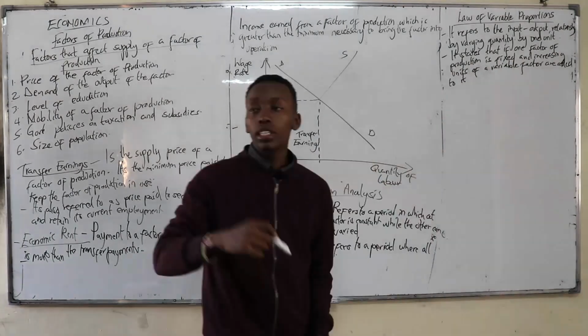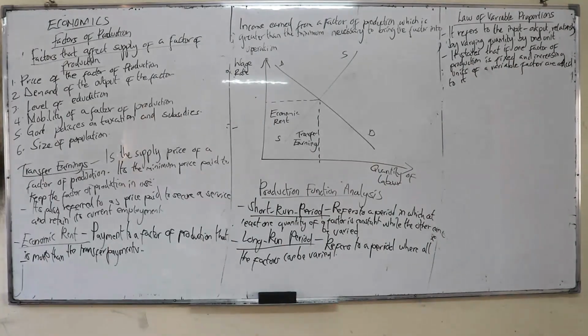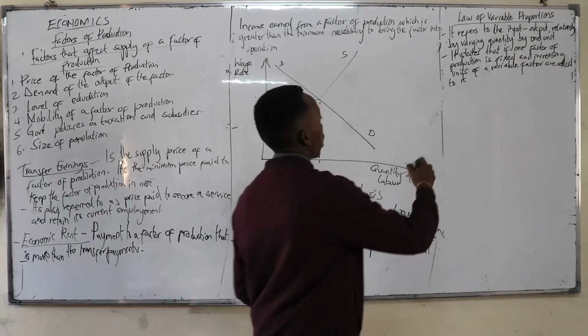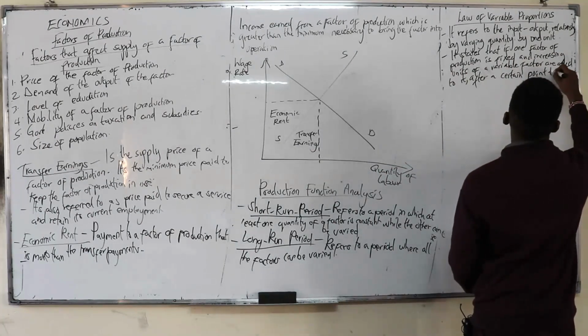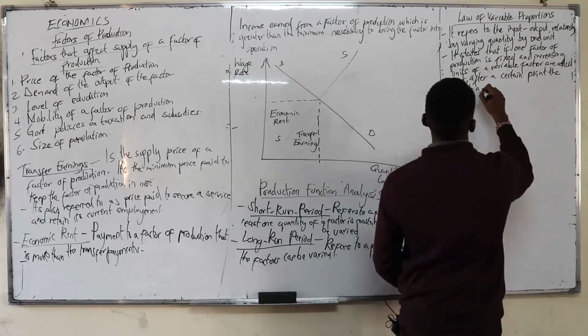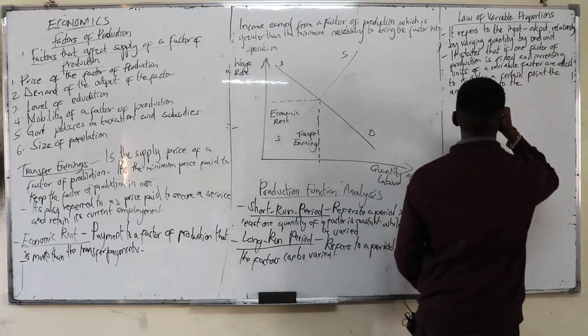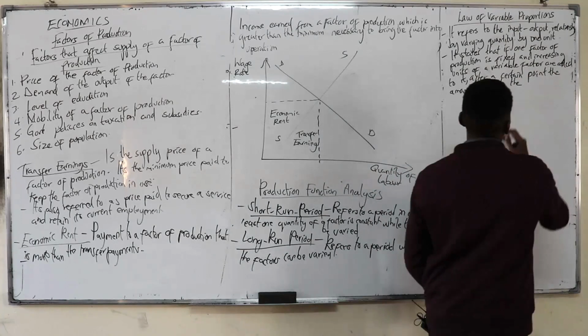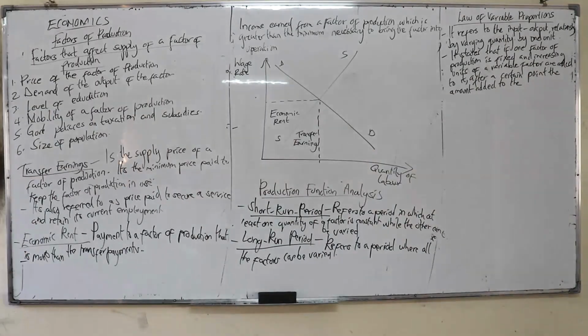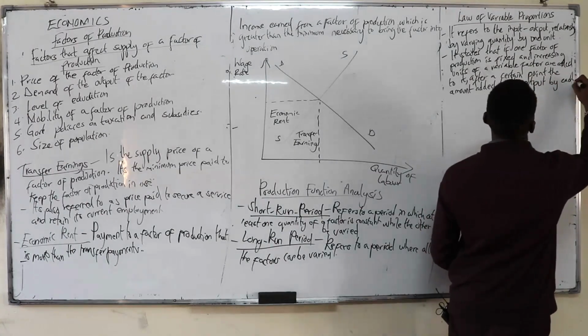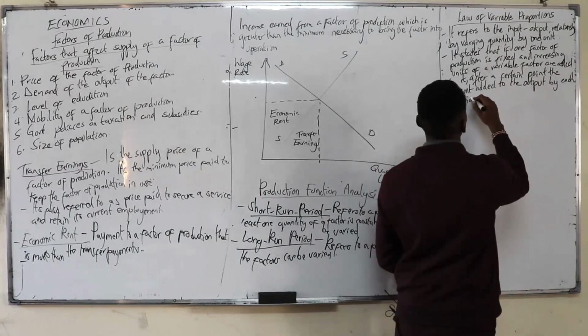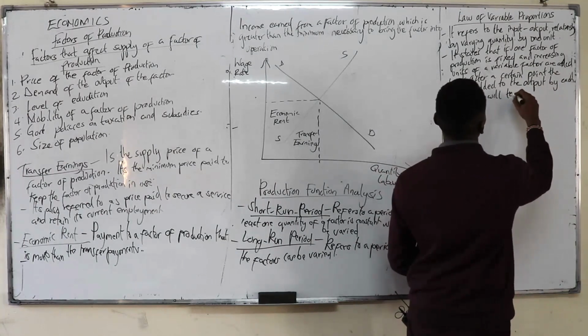What happens is that it starts to increase up to a certain point and then it starts to reduce. After a certain point, the amount added to the output by each additional unit of the variable factor will tend to diminish.